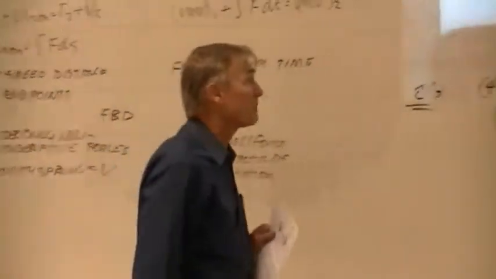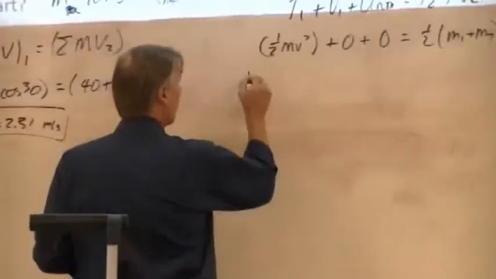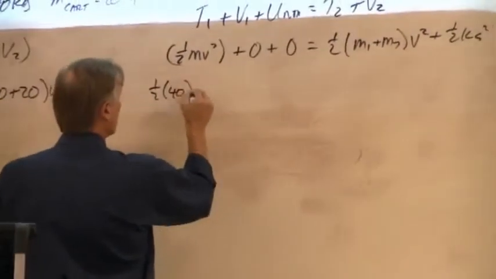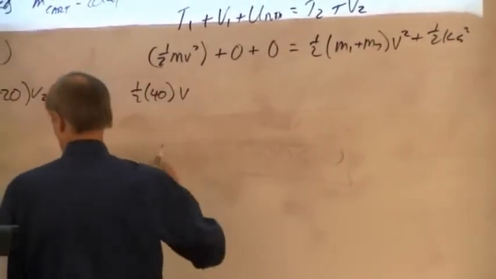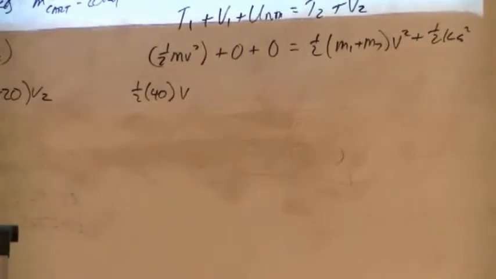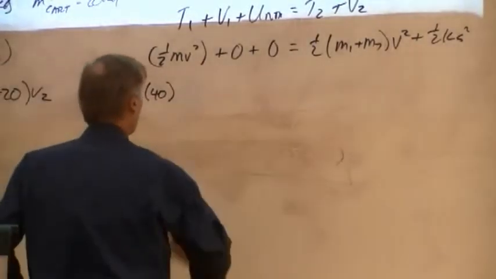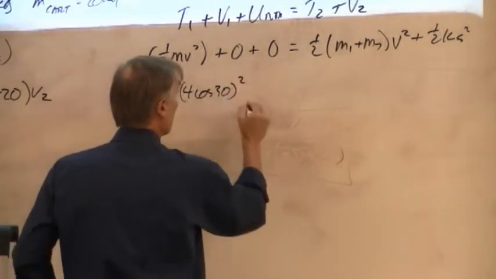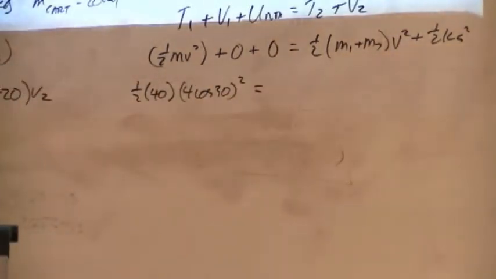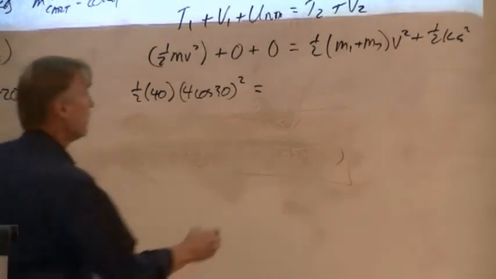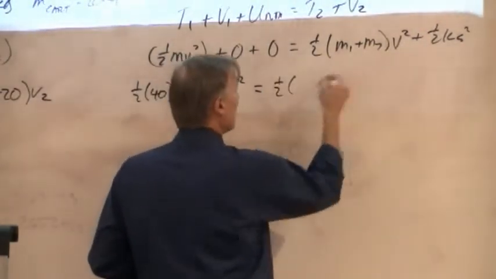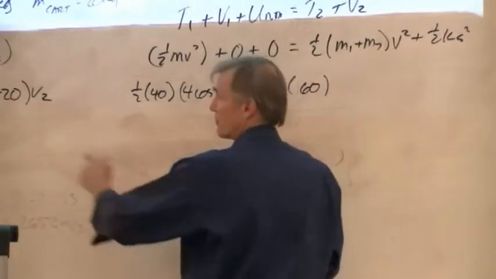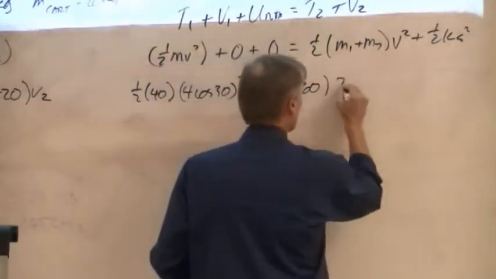All right, so let's fill in the gaps. 1/2 mv squared, so I got 1/2, mass is 40, velocity is 4 cosine 30, that is squared. And over here I got 1/2, got my two masses, so I got 60, and I've already solved for my velocity, it's 2.31 squared.